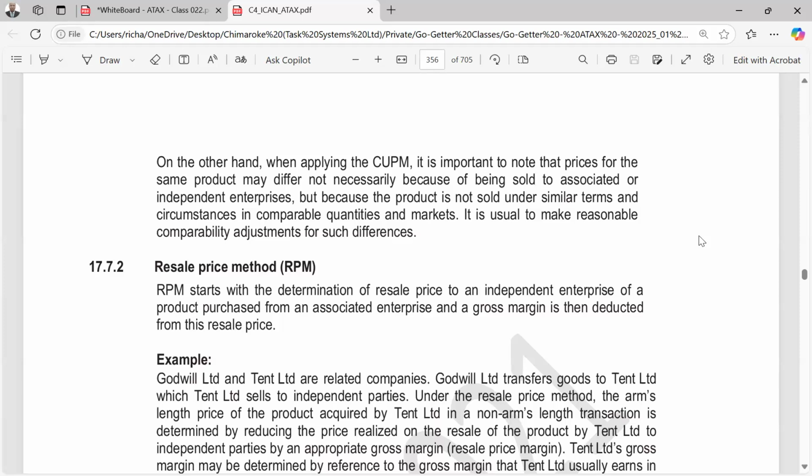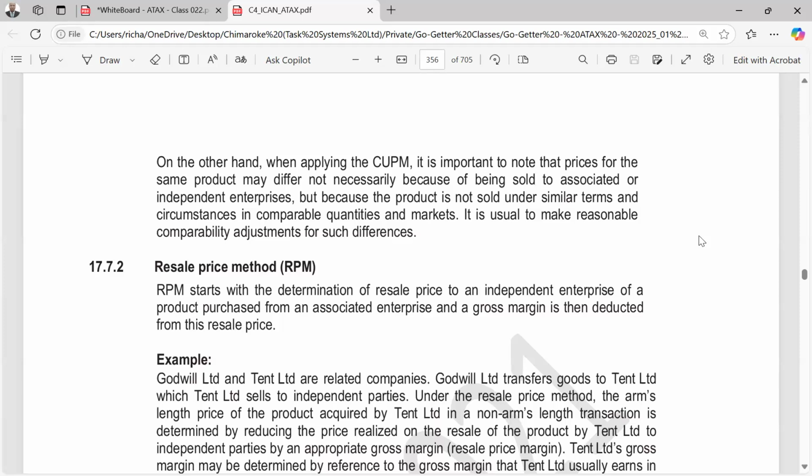I bought something from FCA, that is a related party, and I'm now selling it to another enterprise that is not related or not in the group. Now, our resale method will start with how much am I selling to this independent person, and what is the appropriate gross margin that I should make.